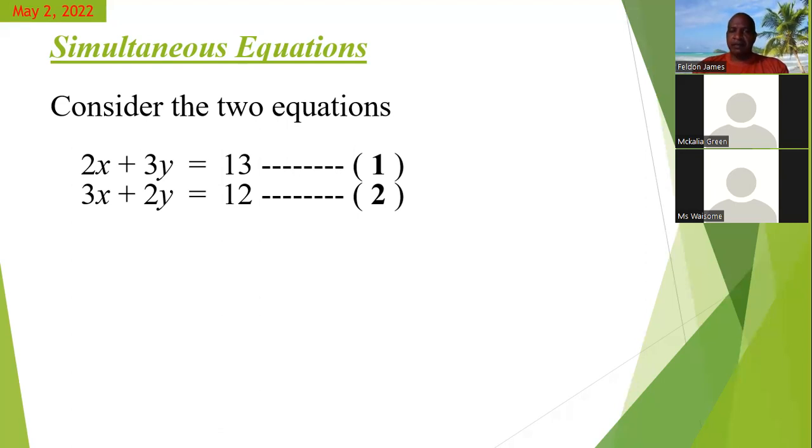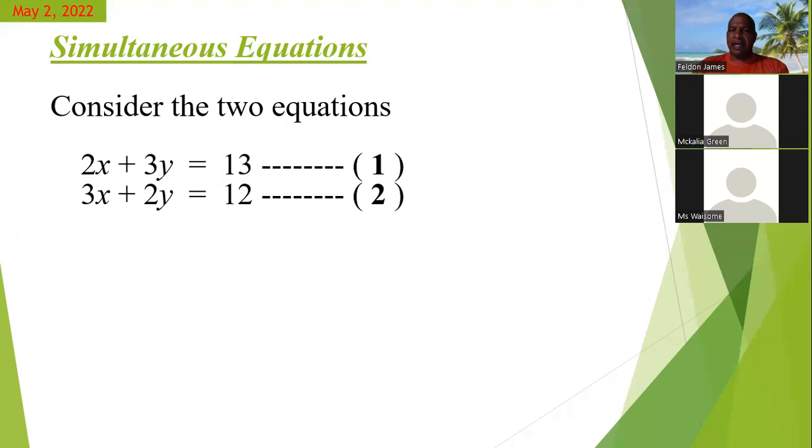We have several methods that we can use to solve simultaneous equations, and that's what we're going to be doing today. We're going to first look at the elimination method. As a matter of fact, we have four that you will become familiar with.